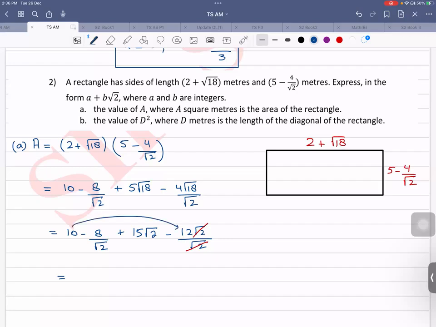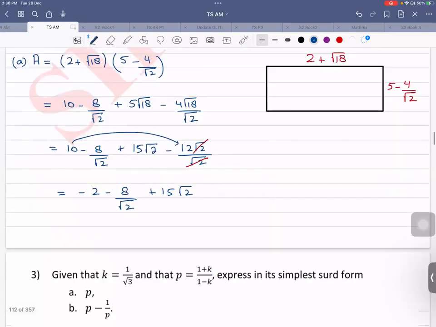10 minus 12 minus 2 minus 8 upon square root 2 plus 15 square root 2. What should I do now? You could use the LCM, or you could rationalize. I could rationalize as well. Whatever you say.